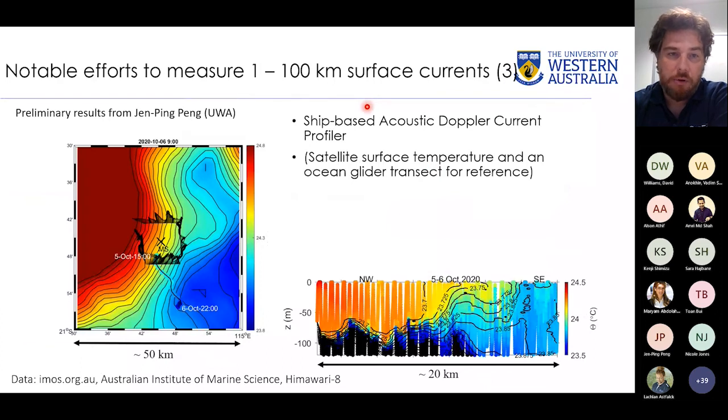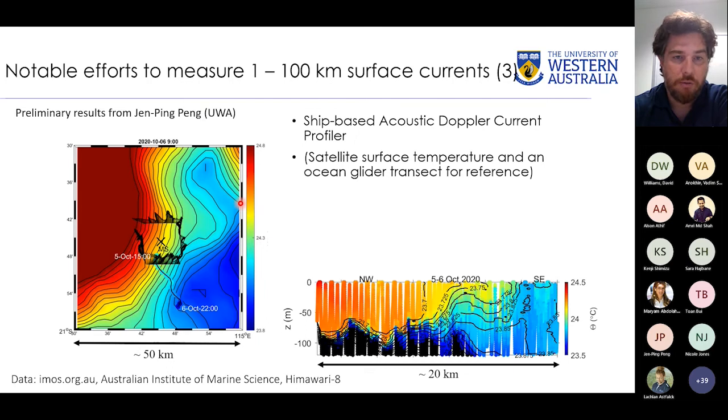The other way people try to measure surface currents at finer scales is using ships, and like I said earlier, you have to move fast to keep up with some of these processes. These are some preliminary results from Jianping Peng, who's a new postdoc here at UWA, and he's looked at some data from IMOS and AIMS.